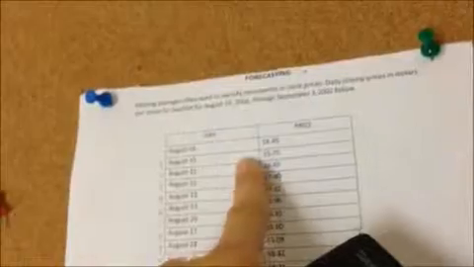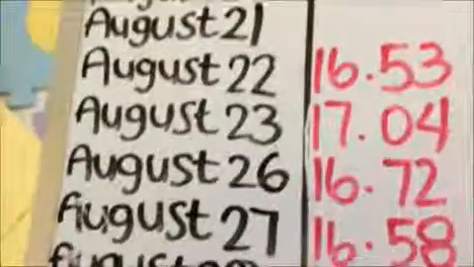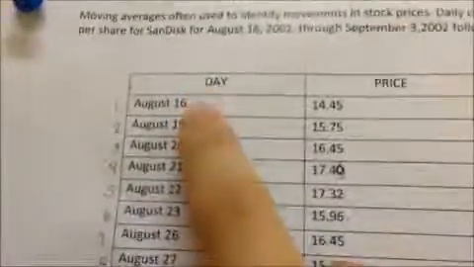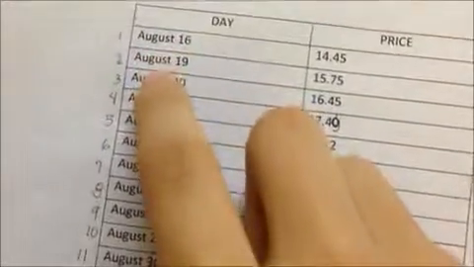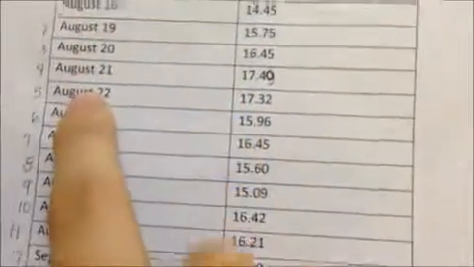You can make it from bottom to top, or you can make it top to bottom. Now we are going to look for August 23. We are done with August 16, so now we are going to start from August 19. You are going to count 4 data: data 2, data 3, 4, and 5.